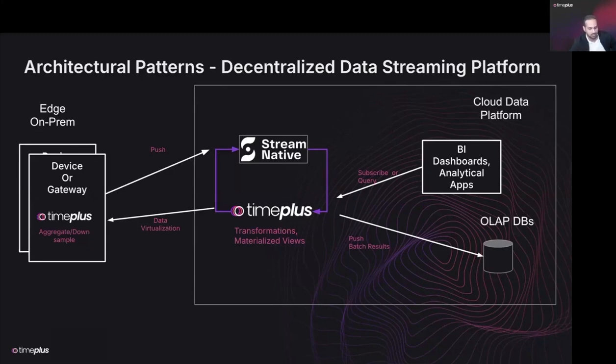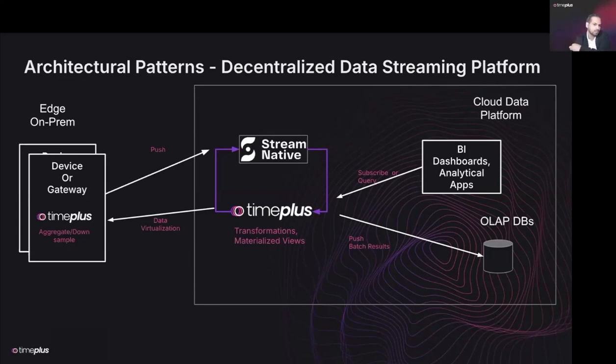And as the data is being produced on the devices, you can use Timeplus to aggregate and downsample and only send the relevant data to your cloud data warehouse. So this improves the throughput, but also you're probably saving on bandwidth costs and computation costs, having to take all this raw data and then throw most of it away, right? So in that scenario, you can do this.